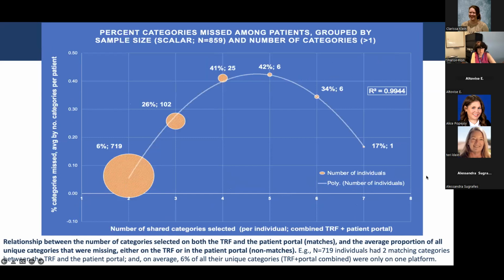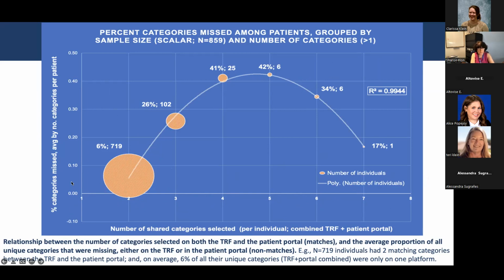Okay, so this one, you may have more questions about. Again, there's a lot of information that we're trying to communicate in one figure here. Along the x-axis, you have the number of categories that were shared. So this means that you're looking at matching between the TRF and the patient portal.